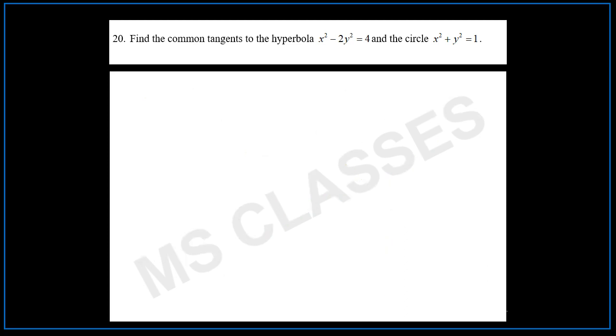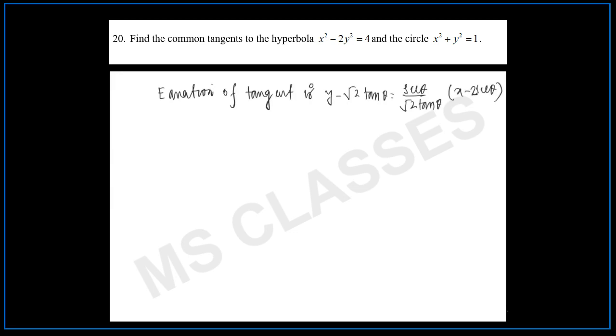The equation of the tangent is y minus root 2 tan theta equal to sec theta by root 2 tan theta into (x minus 2 sec theta). The point of contact is (2 sec theta, root 2 tan theta), so they are substituted. Now we can simplify this.